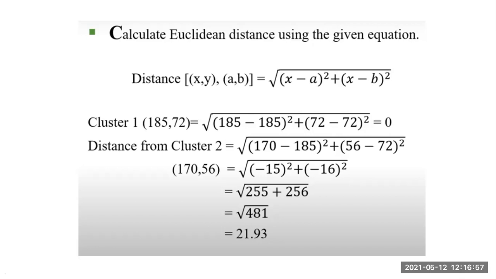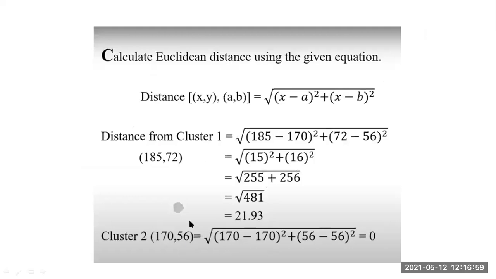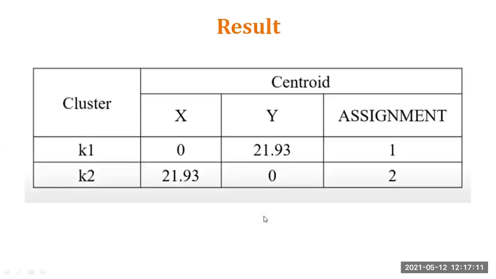Similarly, I'll go with the next data point, 170 comma 56. For cluster 2 this value is equal to 0, and here you have 21.93. Because the lesser value is 0, the first point belongs to cluster 1, and this point belongs to cluster 2.